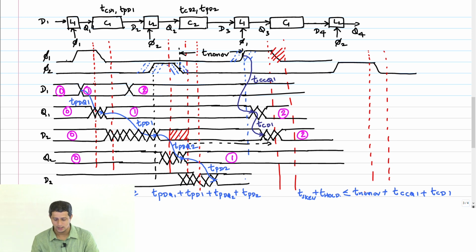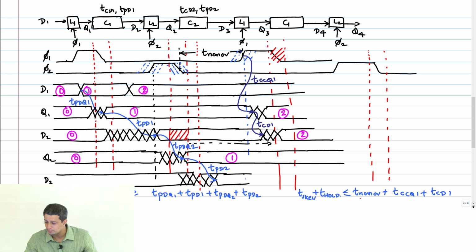Now remember that for max delay I have only one constraint. For min delay, this constraint has to hold at every latch. I could do the same analysis with D2 changing and then analyzing what happens at D1 again.